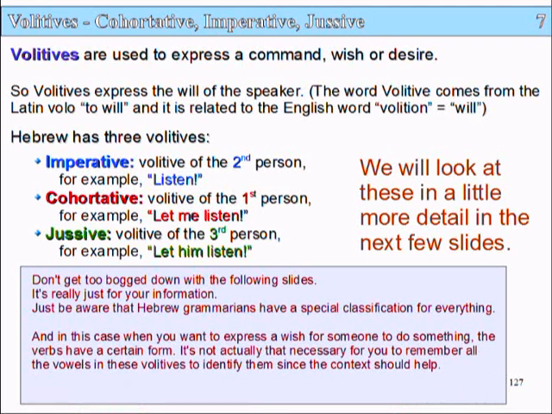And in this case, when you want to express a wish for someone to do something, the verbs have a certain form. It's not actually that necessary for you to remember all the vowels in these volitives to identify them, since the context should help. At least now you know volitives exist and you can refer to them here if you wish. So let's look at these three volitives on the next three slides.